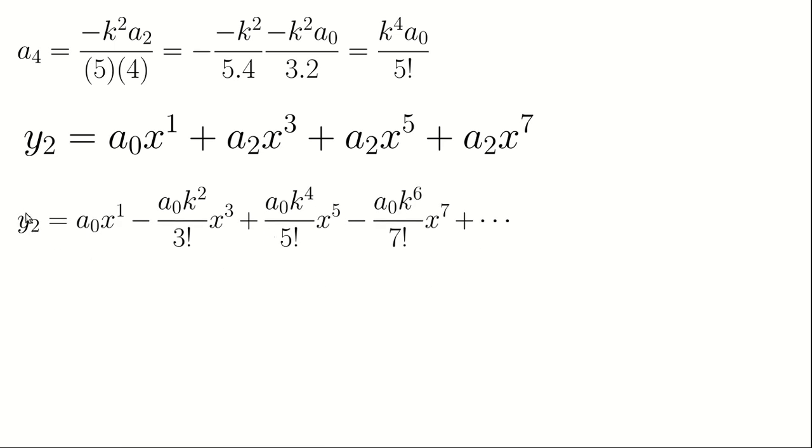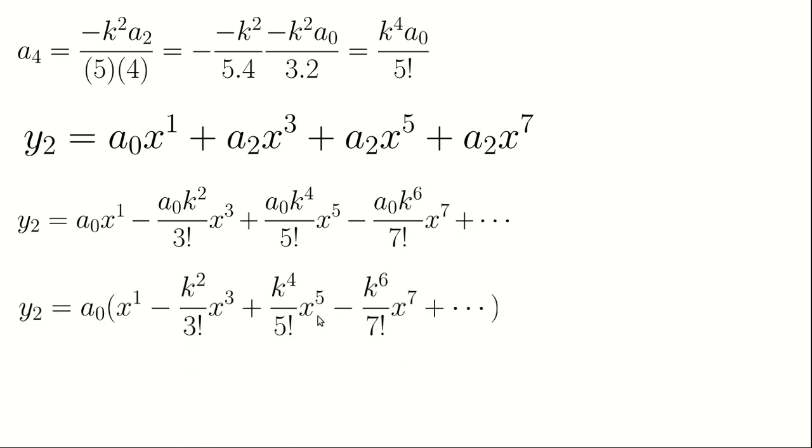So we have our y2 equal to a0 x to the 1 minus, this is the a2, this is the a4, and this is the a6, right? So by the time we factorize, because x to the 1 is common throughout, then we have an expression of this form. So at the end of the day, we have y2 equal to this expression.